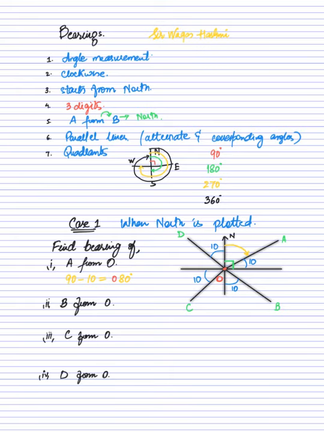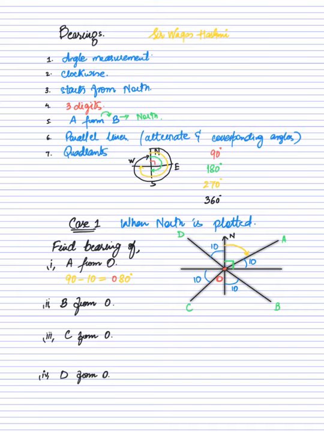For the second part, it says find the bearing of B from O. The north of O is already highlighted. What you need to do is travel from north till the line B. If I start my journey from north and go till south, you can see the figure as a reference. From north to south, the angle is 180.